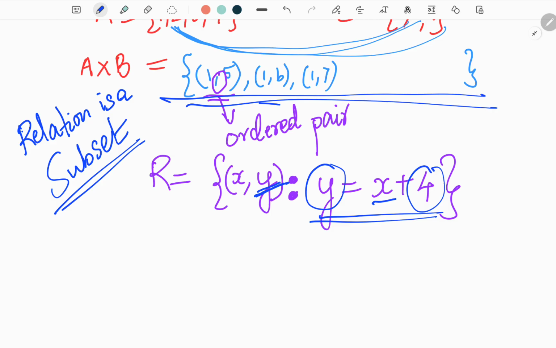It should be greater than x by 4. So you know that this element is known as the image and this element is known as the pre-image, and the x values are obtained from the domain of the relation and the y values are obtained from the range or from the codomain of the relation.